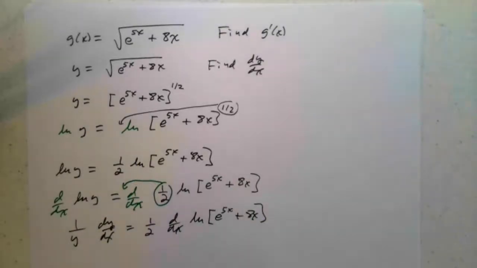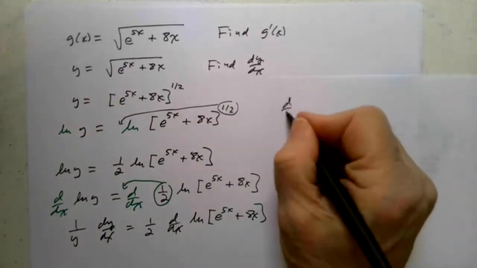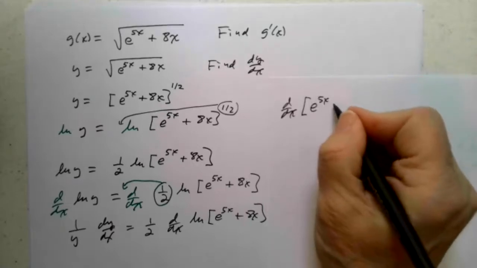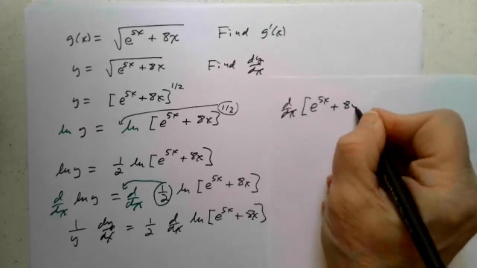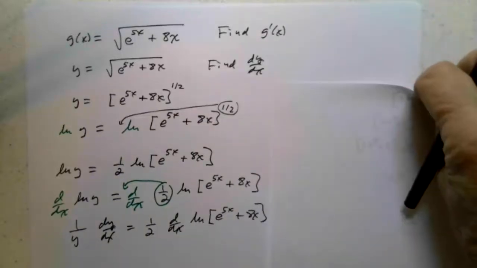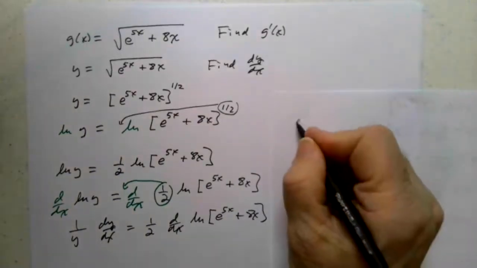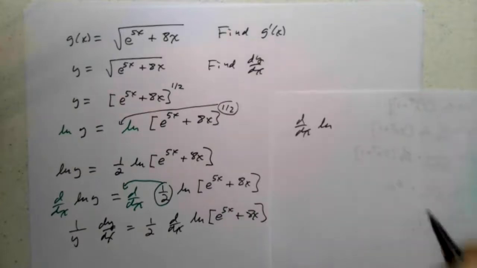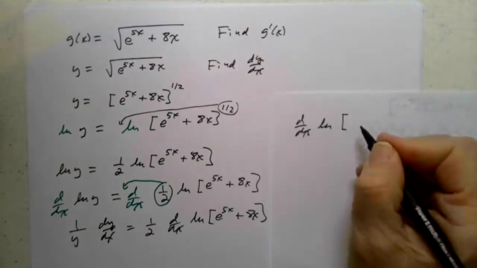So the derivative of the log of something is 1 over the something times the derivative of the something. So we have the derivative with respect to x of, oops, I lost the log sign. Let's try that again. The derivative with respect to x of the natural log of e to the 5x plus 8x.